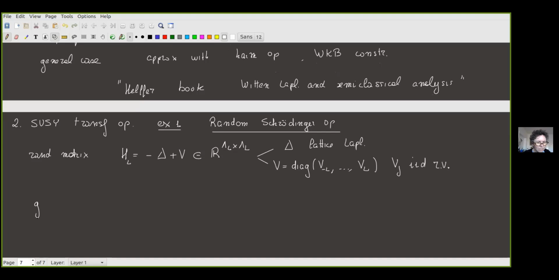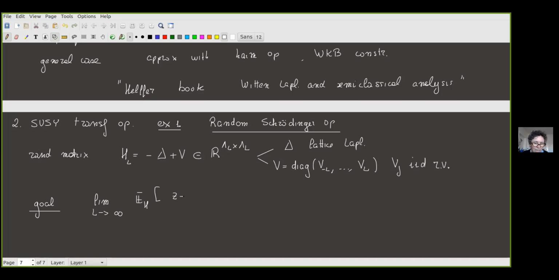So the motivation is to study quantum diffusion in disordered conductors. But whatever the application is, the mathematical problem here is that we want to study the limit of infinite volume of the average of the resolvent, to take a simple example.